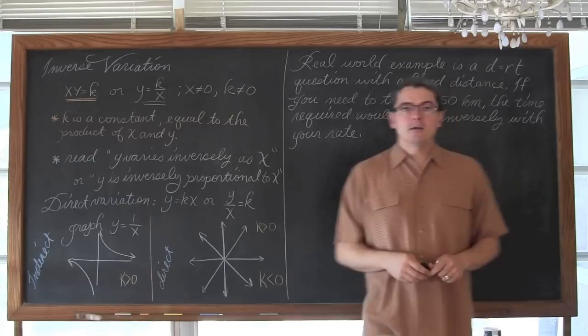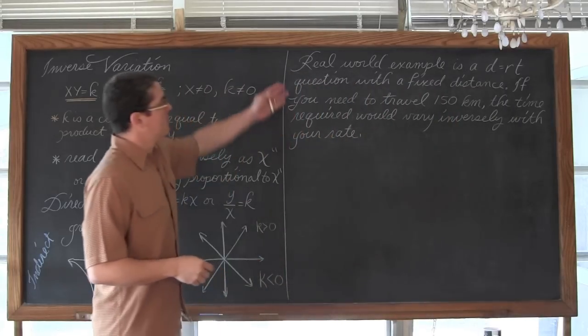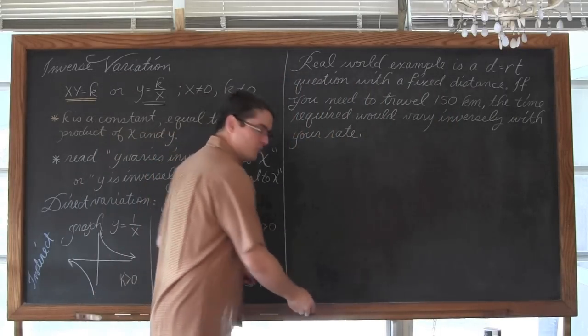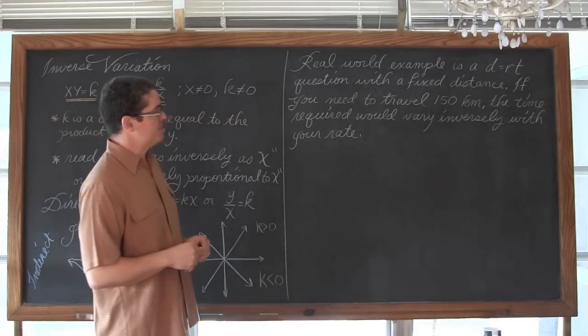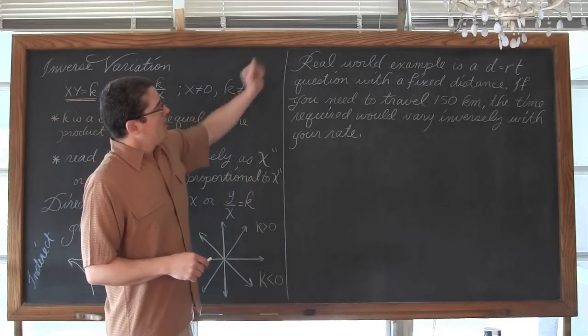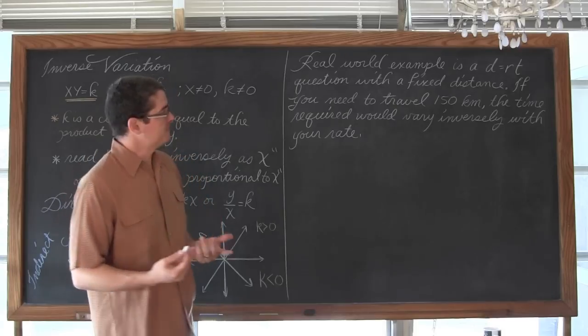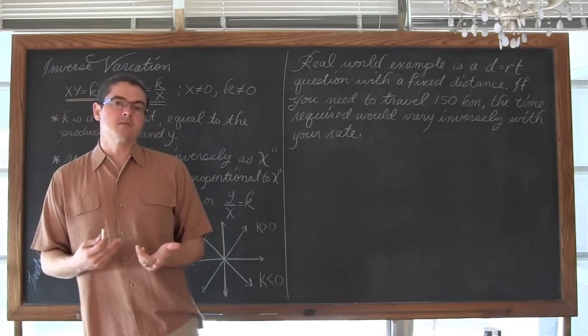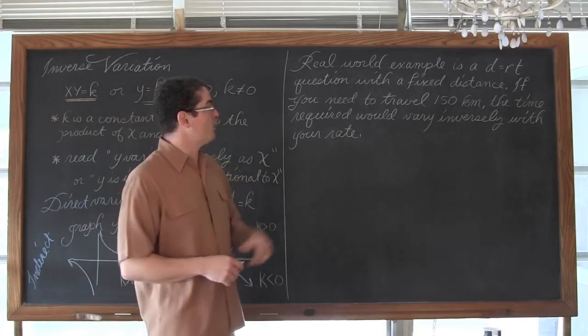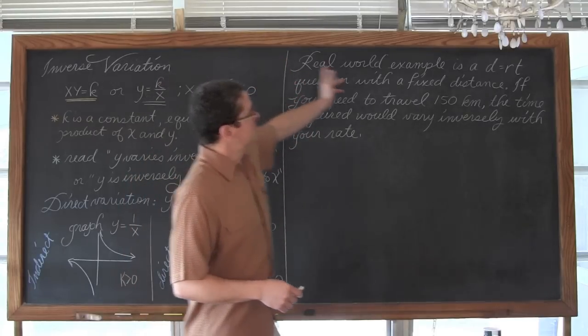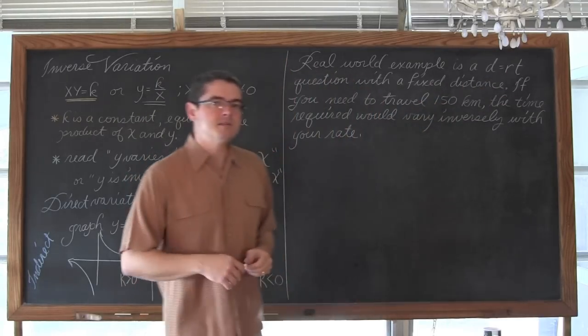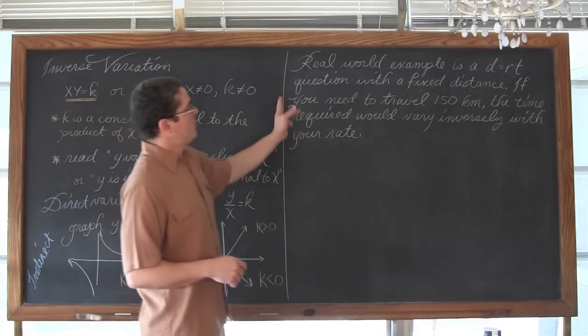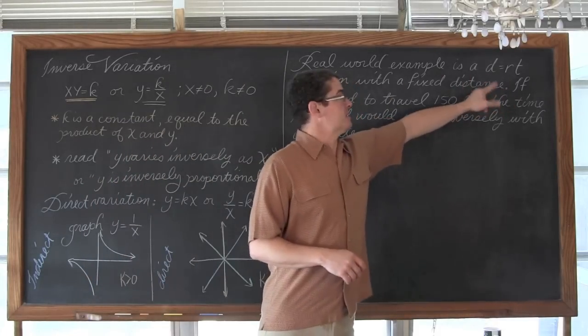Now, before we get to our full examples, and we're going to finish with an actual word problem in this video, one real-world example is traveling. Depending on which variable is fixed, this could be direct or inverse variation, but we're going to talk about motion problems in the form of distance equals rate times time with a fixed distance.